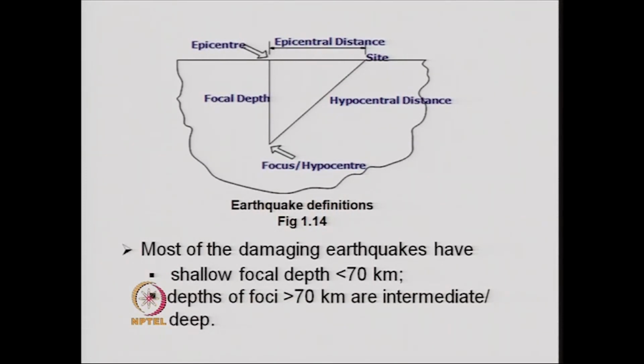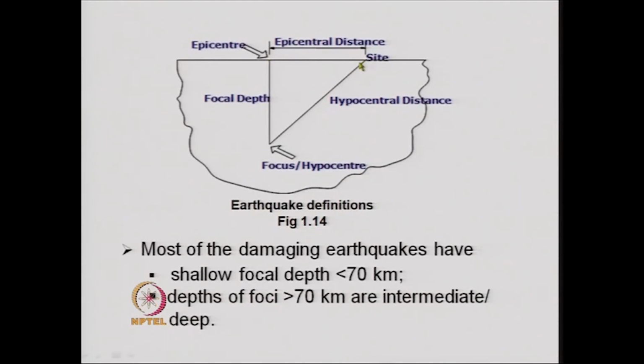At the center of the focal region is the origin of the earthquake, and this is known as focus. Just above the focus on the surface of the ground, we have the epicenter of the earthquake.